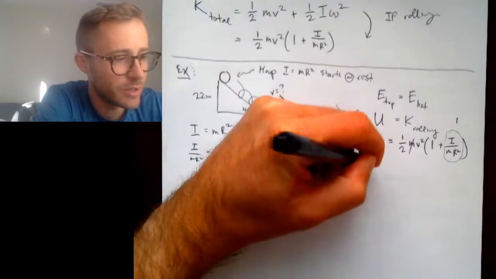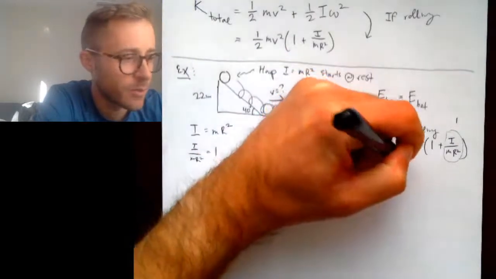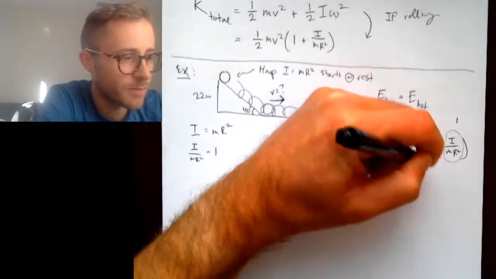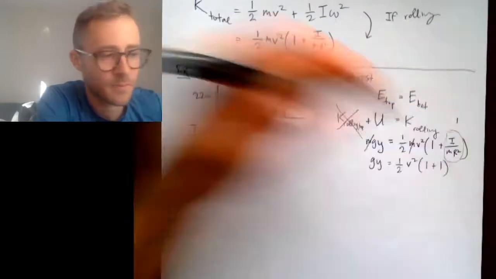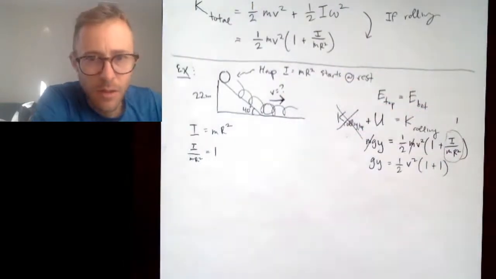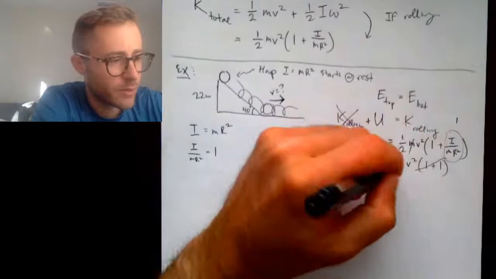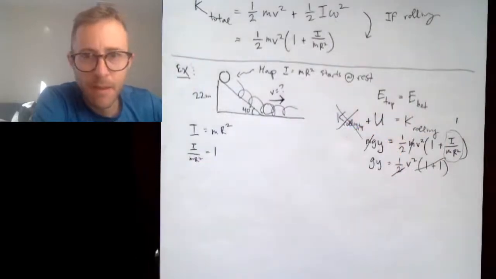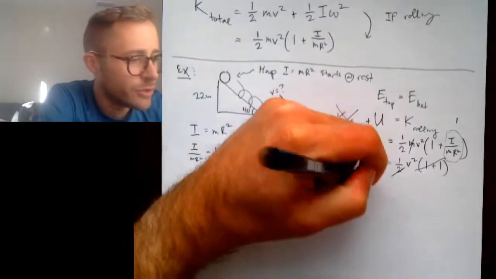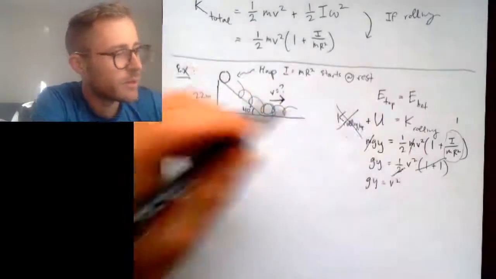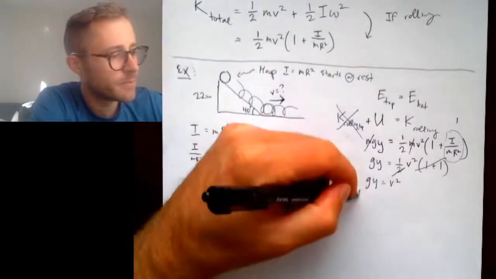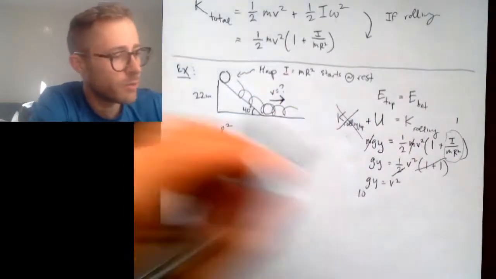So I have g times y equals 1/2 times v squared times 1 plus 1. And this will cancel with that. And so I have gy equals v squared. Gravity is 10. The height of the hill is 22.